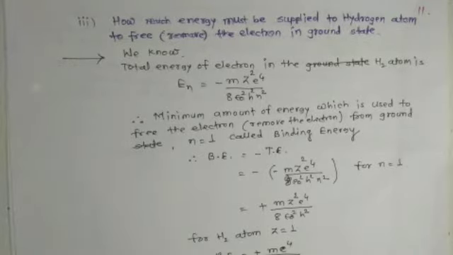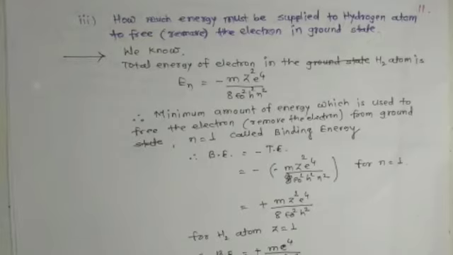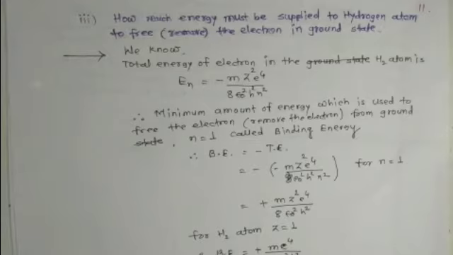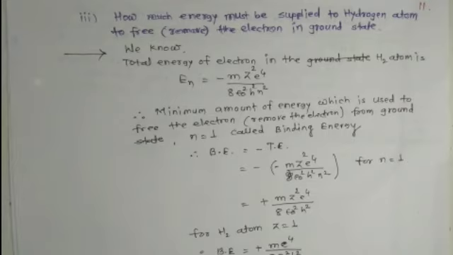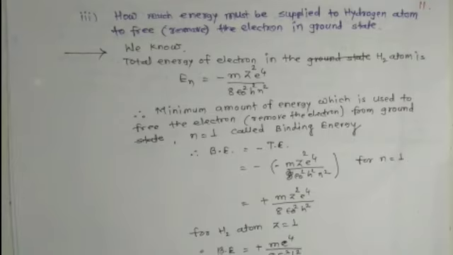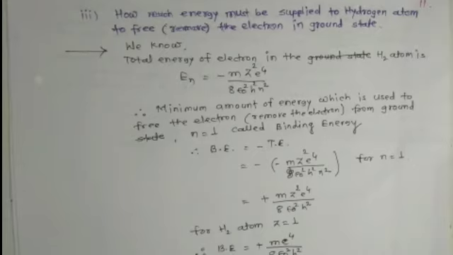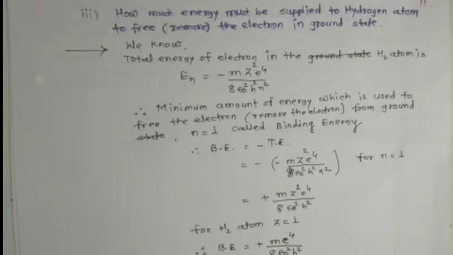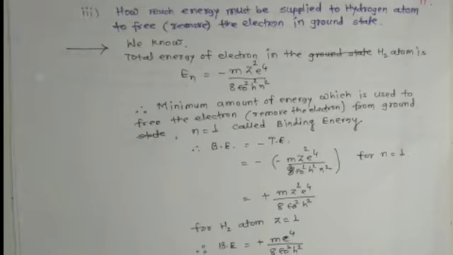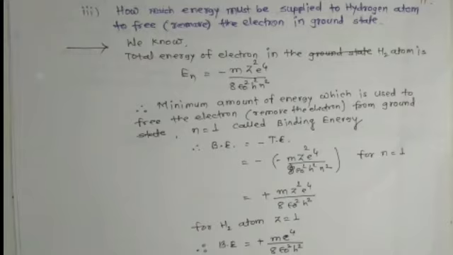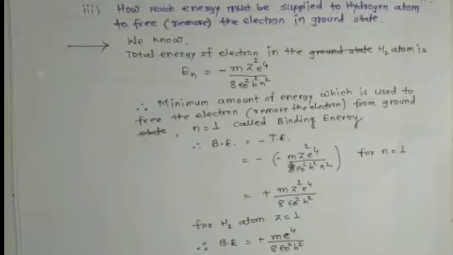Question number 3. How much energy must be supplied to a hydrogen atom to free or remove the electron in ground state? Answer: we know the total energy of electron in hydrogen atom is capital E n equal to minus m z square e raised to 4 upon 8 epsilon 0 square h square n square.